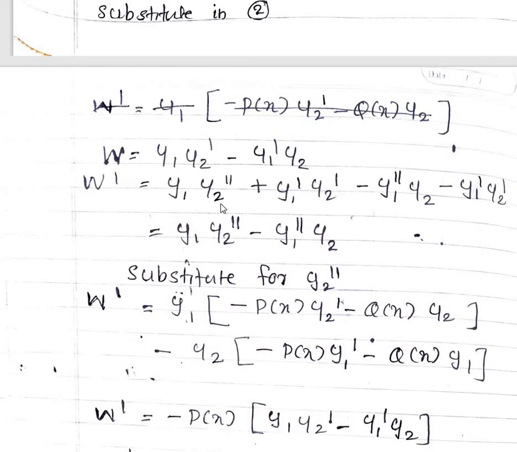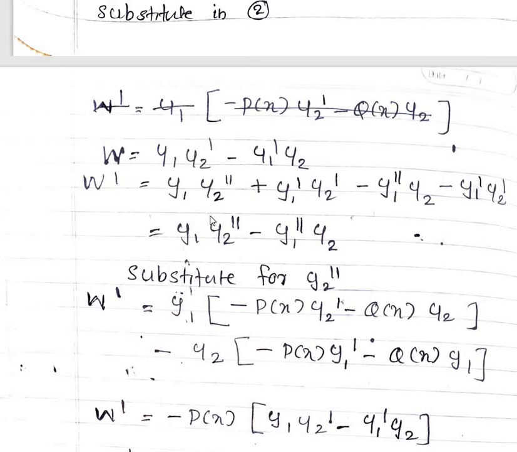So it is y1 y2'' + y1' y2' - y1'' y2 - y1' y2'. So this term will cancel, y1' y2', and you will get y1 y2'' - y1'' y2.